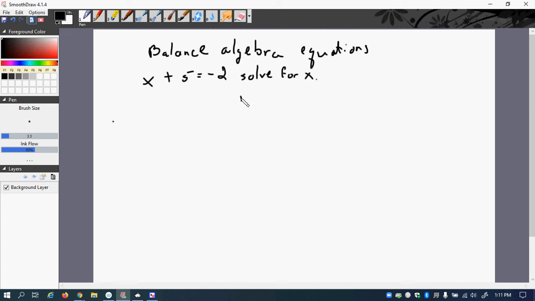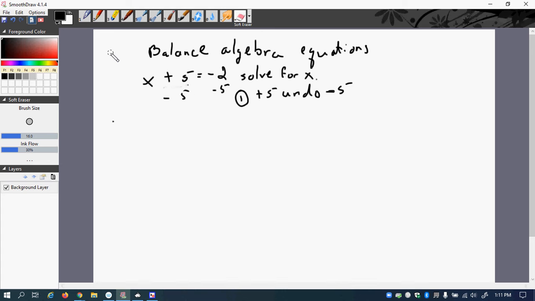So first step is we see plus 5. So plus 5, undo is subtract, minus 5. So we do minus 5, minus 5. Okay. And so we erase, no necesita.